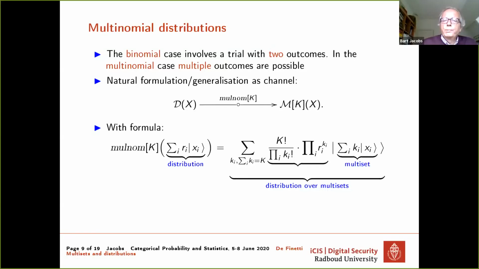And the multisets are given here, so they are in a big outside sum, which contains inside a multiset. And this is the probability of this multiset. And if you've seen these things before, you'll probably recognize the probabilities here, the structure here. But the important thing is that it can be described in a very structural and smooth way. And this is what I need in order to set up a cone later on.